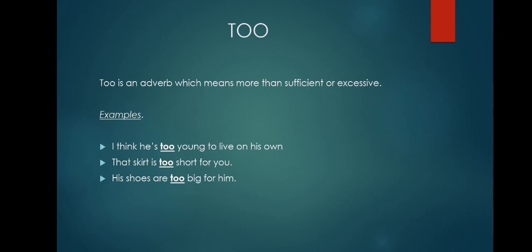Too is an adverb. You know what an adverb is, one of the first lessons you learn in elementary, which means more than sufficient or excessive. With this idea, you can know what is too, okay?